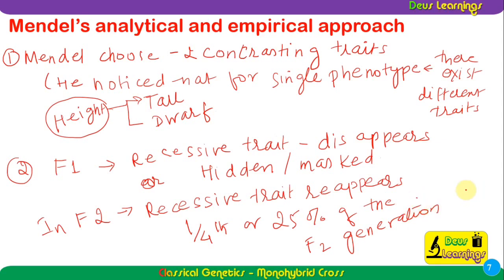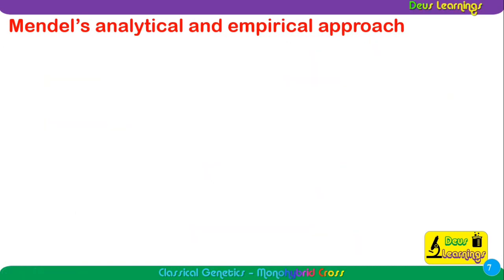That was interesting. So with that, Mendel was able to understand that in the F2 generation, the ratio for dominant and recessive comes in a 3:1 ratio for phenotype.